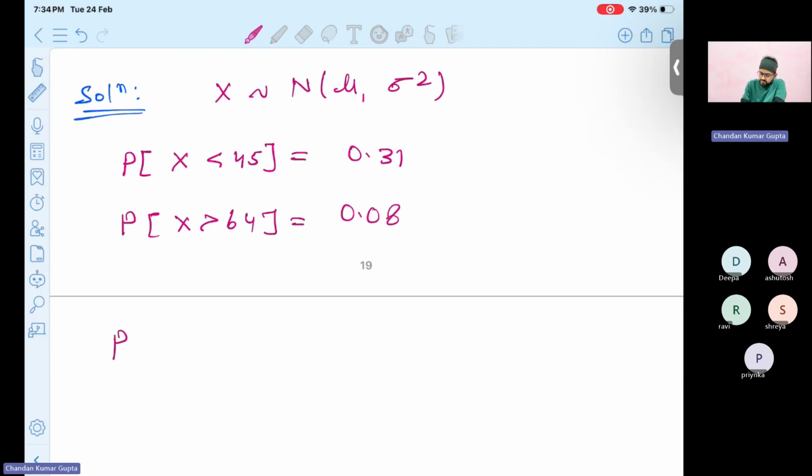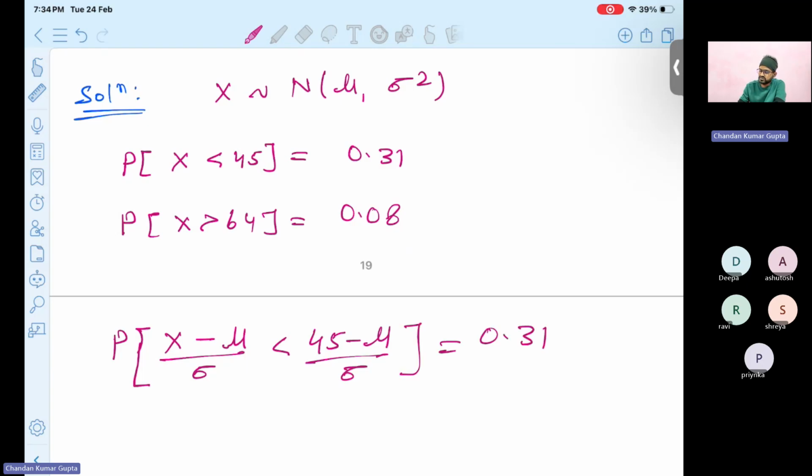The first: the probability that (x minus mu) upon sigma is less than (45 minus mu) upon sigma equals 0.31.